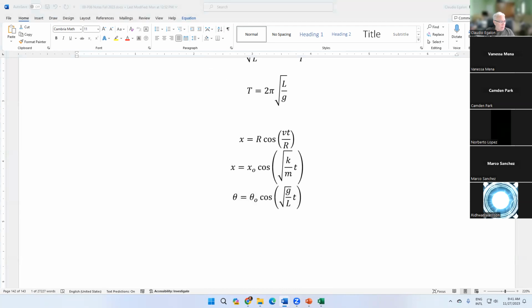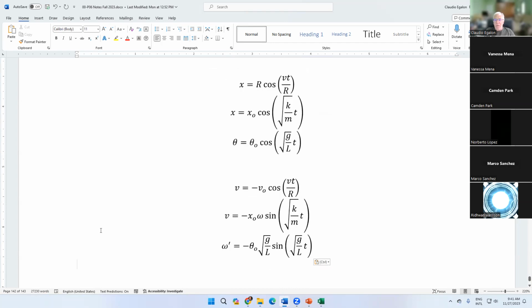We get something similar for the linear velocity of UCM, the linear velocity for the SHM, simple harmonic motion, and the angular velocity. Notice that I put omega prime here because omega I'm using as the name for the angular frequency, not the angular velocity. Angular velocity is equal to this term right in here.